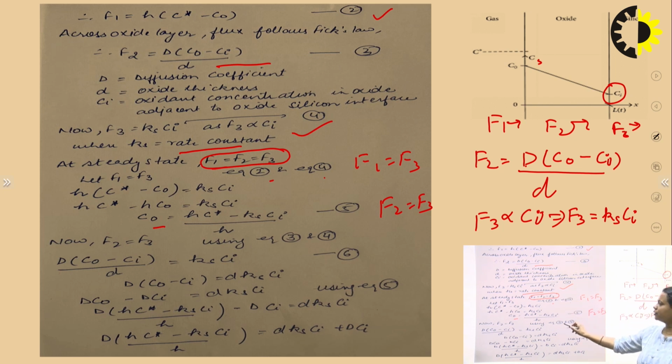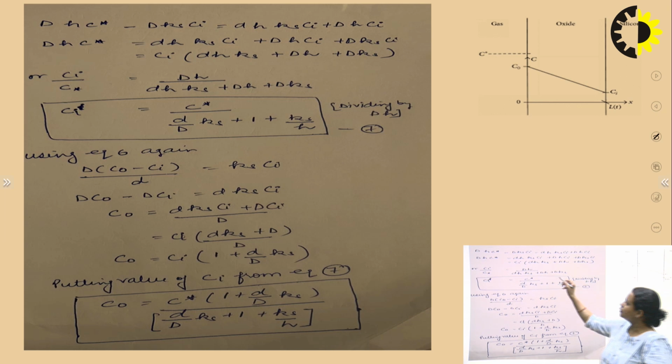So using equations 3 and 4, you will get F2 is this and F3 is Ks Ci. When you equate, you will get such a relation. You have to equate and just move the values from LHS to RHS and you will get the expression like this, right?